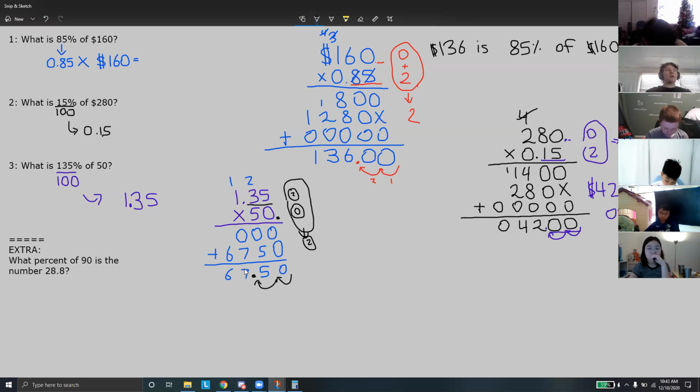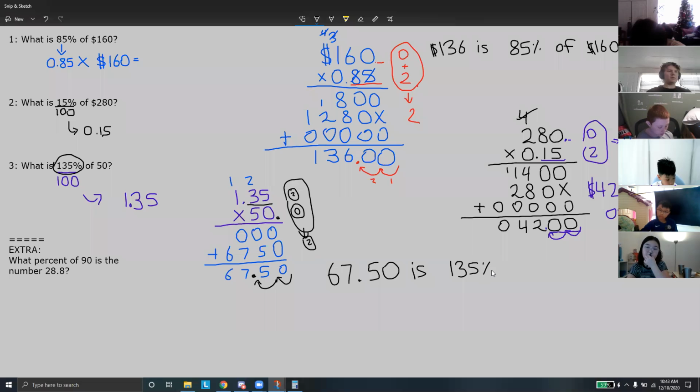For one, we know that our answer, 67.50, is 135% of 50. And you guys will notice 67.50 is bigger than 50, right?